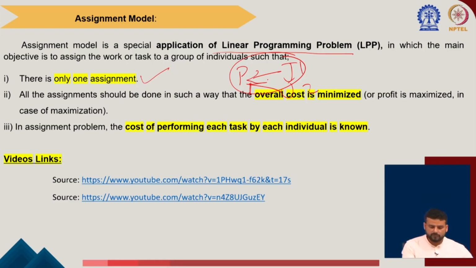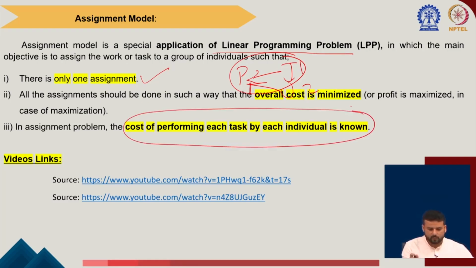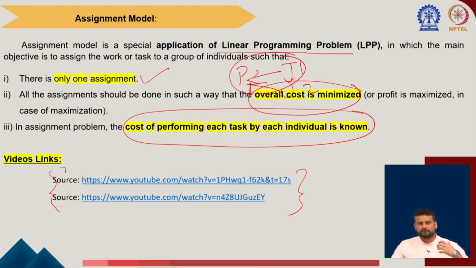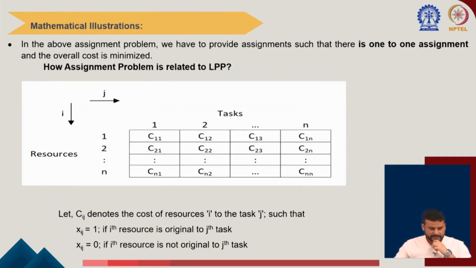Because we know the cost of performing that particular function by an individual machine or person, the objective is how we can minimize the overall cost. Before going further, you can go through the couple of videos I have shared on this assignment problem, on how we are shifting the material from one point to another, and then we can go to the next slide.